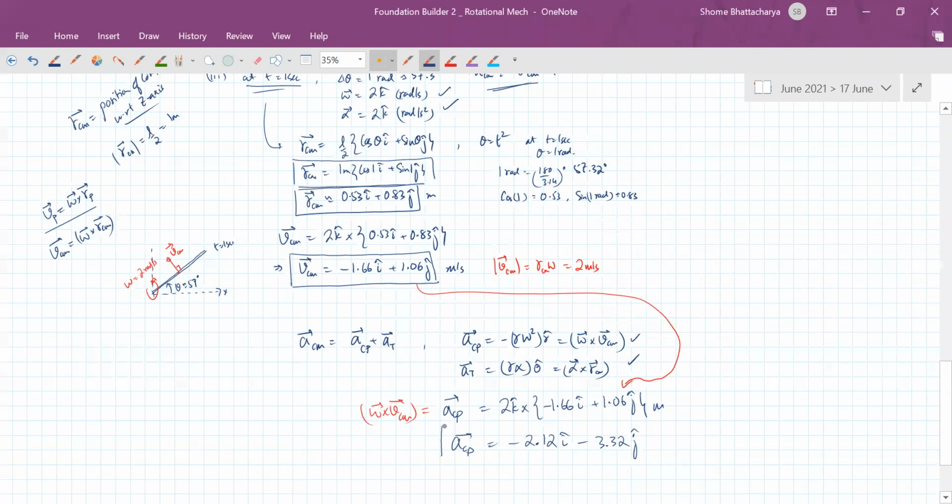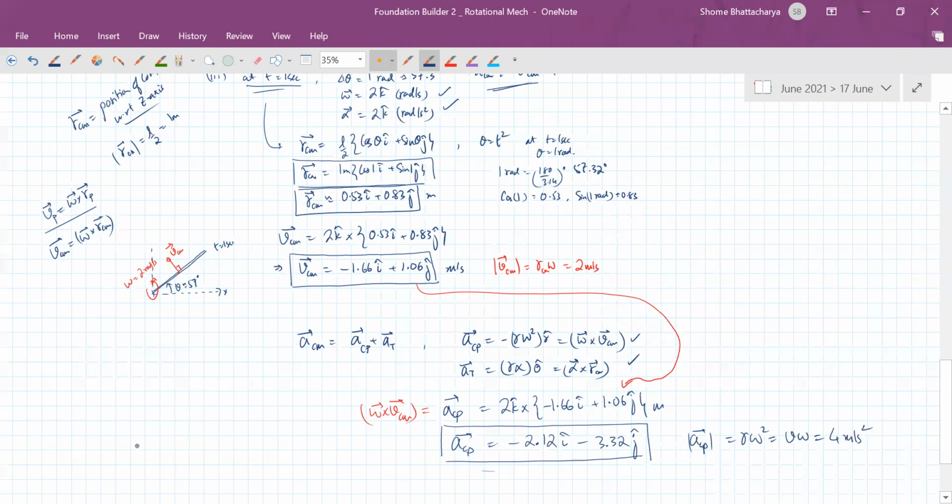Okay. So this will be the centripetal component of acceleration. And the magnitude of the centripetal component of acceleration will be r omega square, or v omega. So r was 2 and omega is 2, so it will become 4 meters per second square.